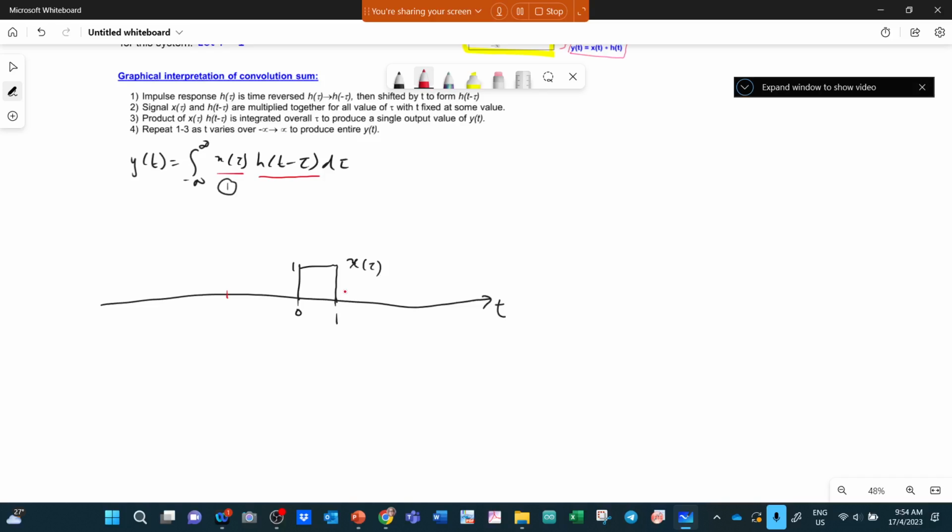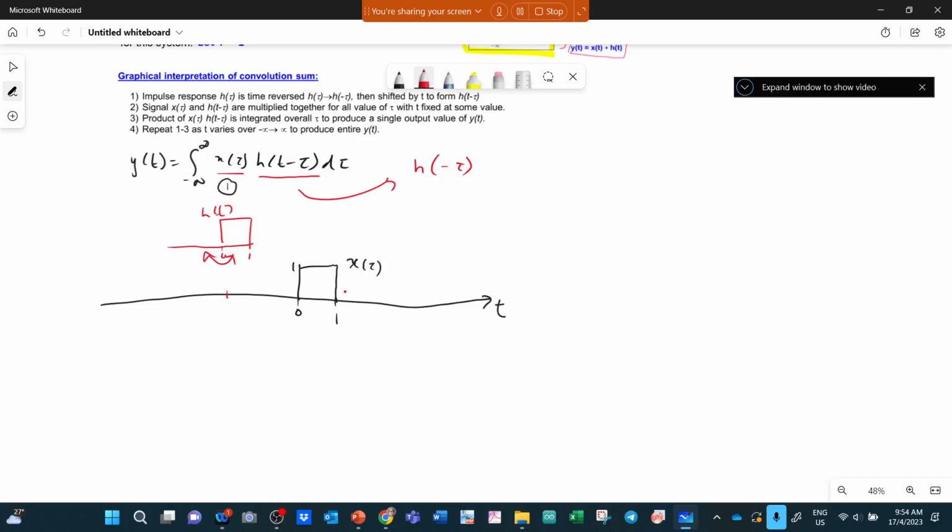So if I draw on top here, this one is h(t), from 0 to 1. We want to start with h(minus tau). The first step is we reverse it, meaning we flip this signal.